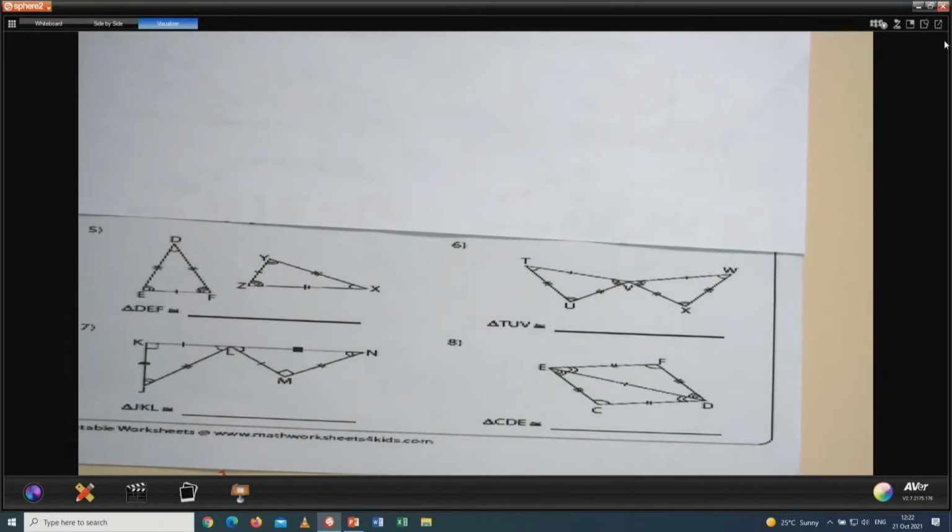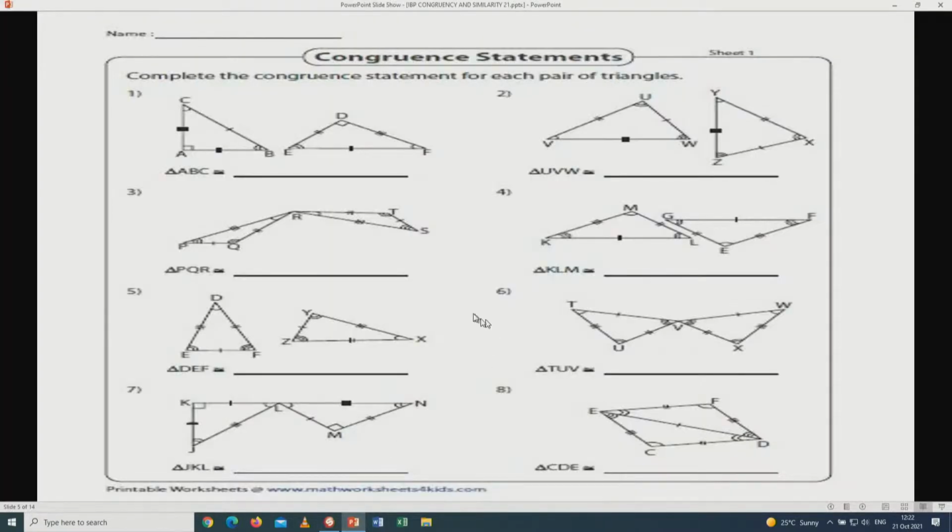Let me just put it on a PowerPoint. Look at questions 5 to 8 yourself. We did questions 1, 2, 3, 4 together. Then you do 5 to 8. After that we'll be going to part 3. Thank you.